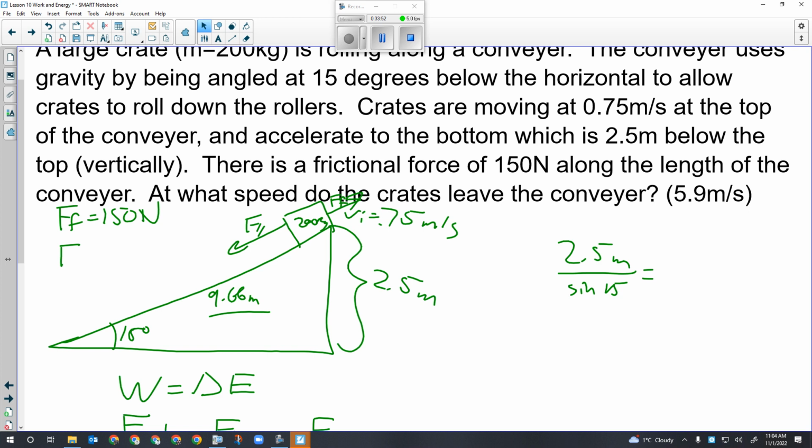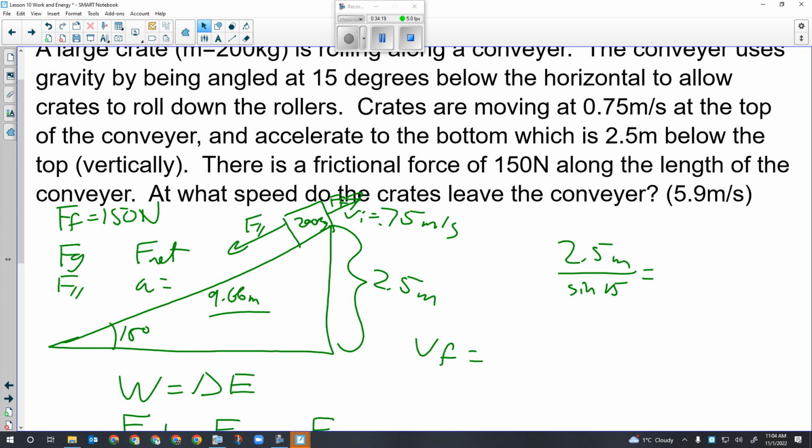I've got to calculate FG. Then I've got to calculate F parallel. Then I've got to calculate F net. Then I've got to calculate acceleration. Then I've got to calculate final velocity using acceleration, initial velocity, and distance. And I've got to use the right distance. That's what I see people screw up on that one, using 2.5 instead of 15 or 9.66 or whatever it is. So that's a lot more calculating.